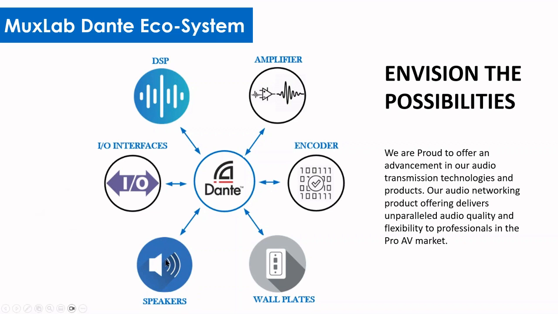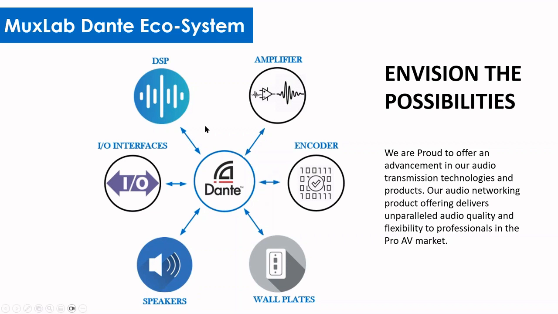We have Dante-ready speakers, so those are network-capable speakers that you can connect to the network and get the Dante audio directly out of the network through those speakers. And we also have wall plate solutions that allow you to interact with Bluetooth devices. So if you have a Bluetooth source, you can use these wall plates to enter the Bluetooth data into the network.